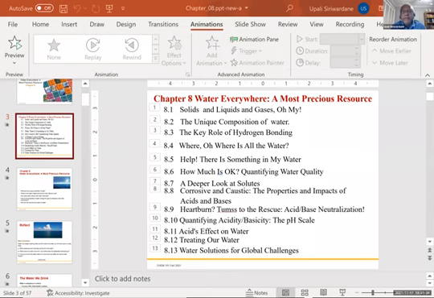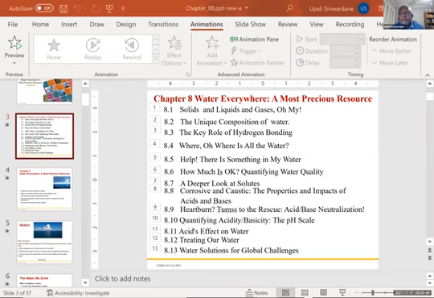We talked about properties of water, hydrogen bonding, and also we talked about the distribution of water on Earth, ice caps, oceans, groundwater, surface water, etc. And we were talking about water solutions containing various pollutants.